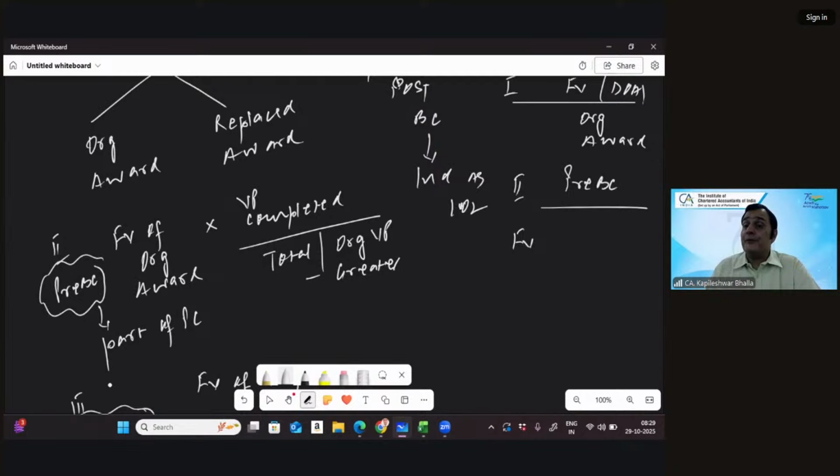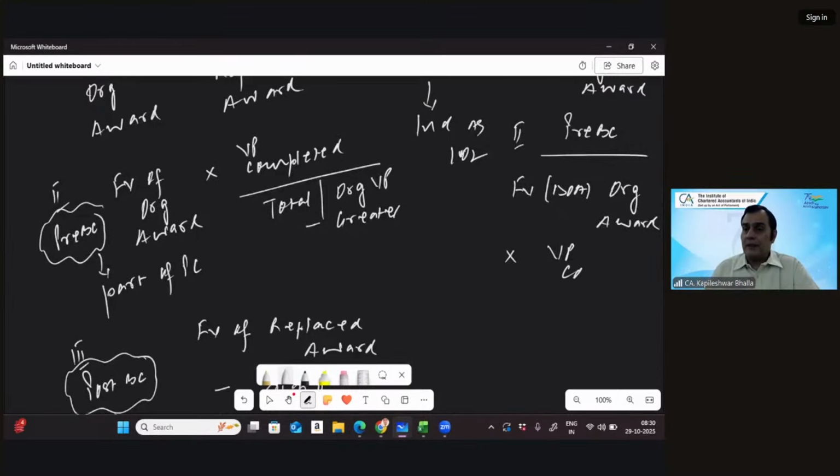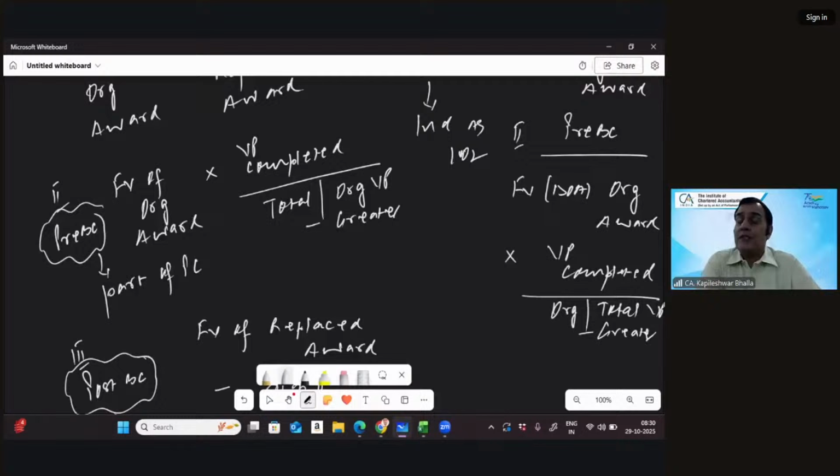We'll take the fair value on the date of acquisition of the original award, and we're going to consider a proportion, which is the vesting period completed, divided by the original or the total vesting period, whichever is greater, because he may not do a replacement, but he may change the vesting period in any case.